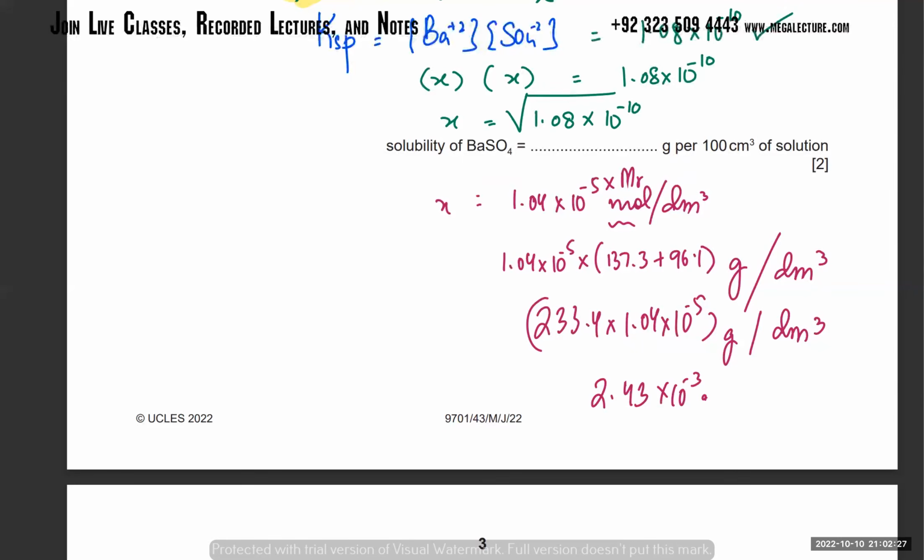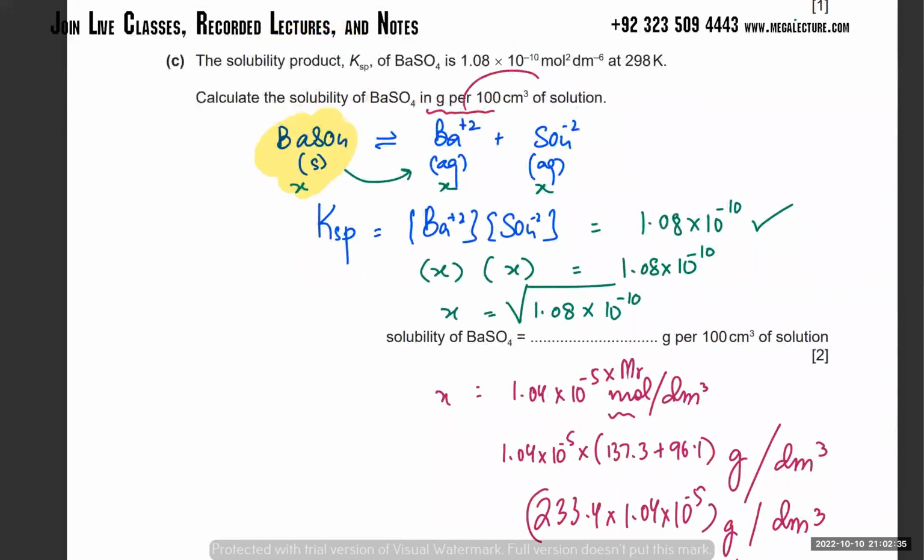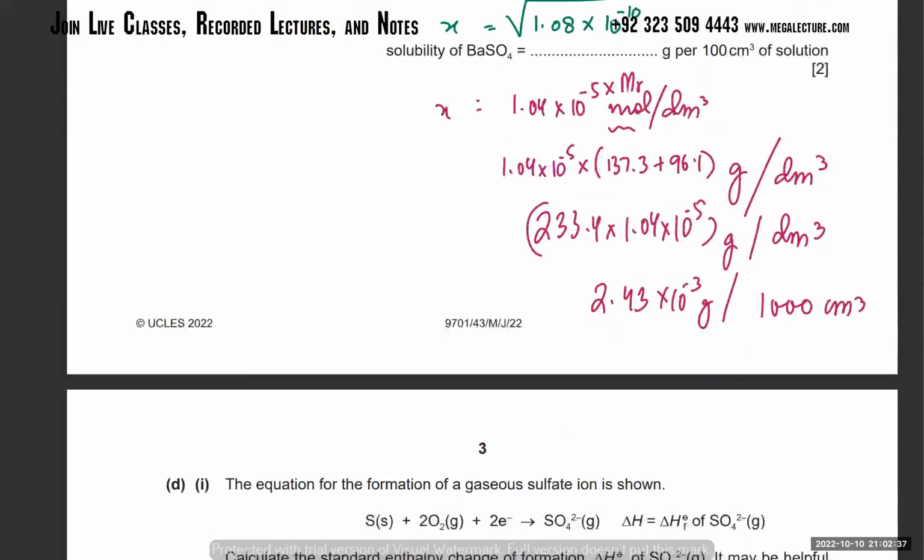Yes, sir. Grams per dm cube. A dm cube is like 1000 cm cube, right? Yes, sir. So he's asking per 100 cm cube, right? So you can just use ratios. You've got 2.43 grams per 1000 cm cube, so in 100 cm cube you're going to have how much? Cross multiply, it's going to be divided by 10 then. Is this clear? Yes, sir.